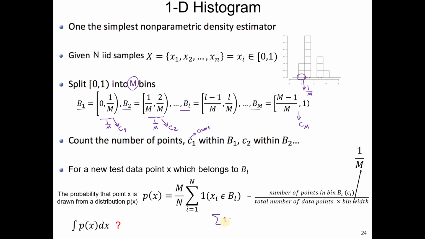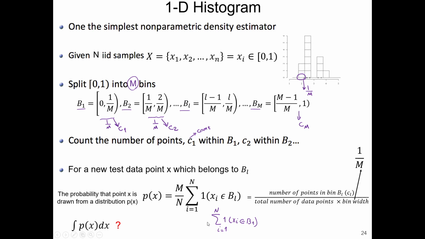It checks whether xi belongs to bin 1 or not. If it belongs to bin 1, it will assign 1. Otherwise, it will assign 0.